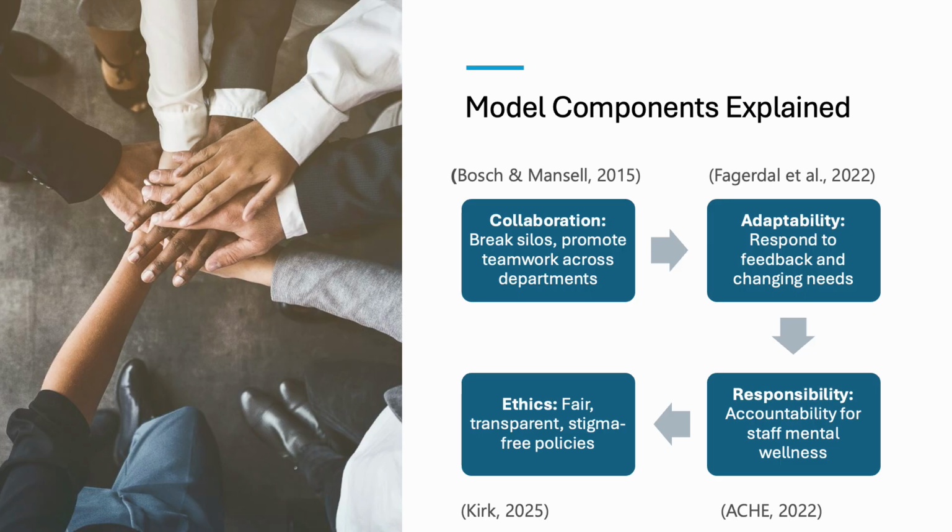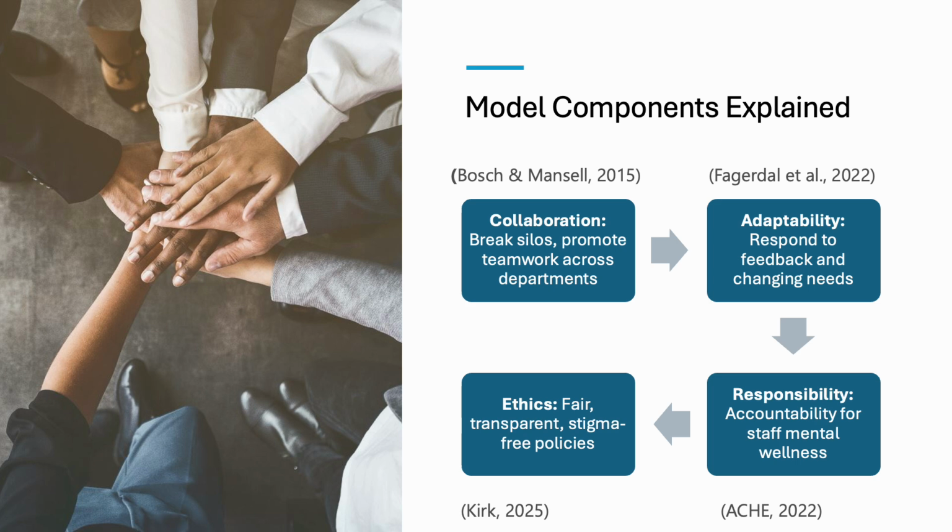All right, so on this slide, I'd like to take just a brief moment to break down the components of each element of the CARE model. Each element of the CARE model is designed to strengthen organizational support for mental health. So, let's first take a look at collaboration. Collaboration encourages cross functional engagement in mental health planning.